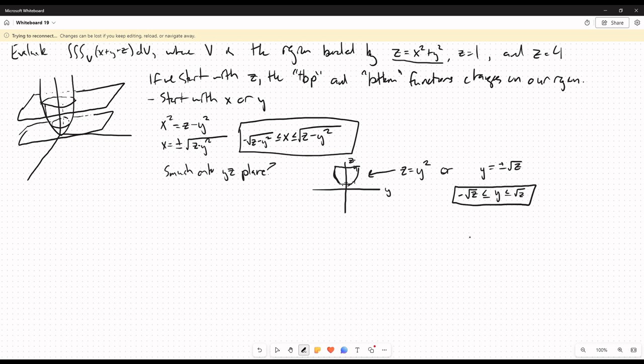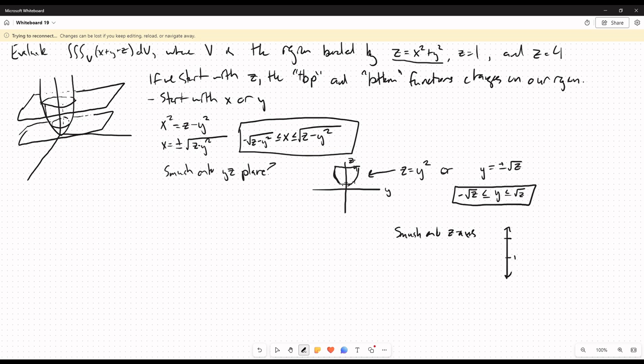Okay. So we did our smush, and now we have our inequality with respect to y. Now we're going to smush onto the z-axis and see what we have left. Well, when I smush it onto the z-axis, what do we get left?